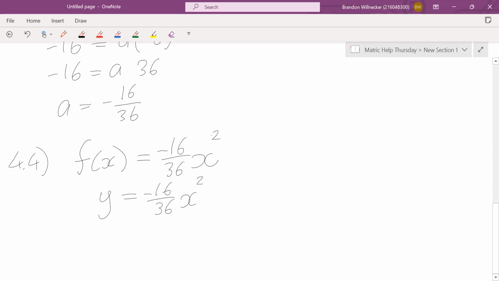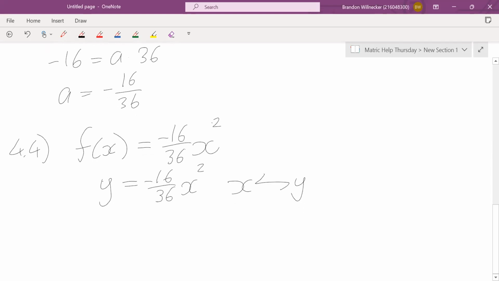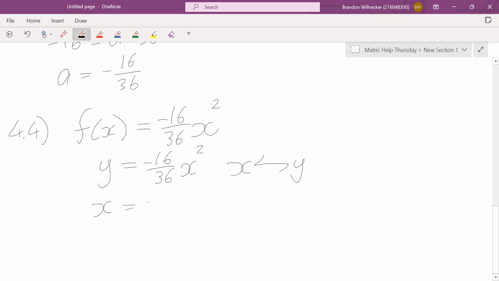Now if we want to find the inverse, we have to swap x and y. So we end up with x is equal to minus 16 over 36 y squared.